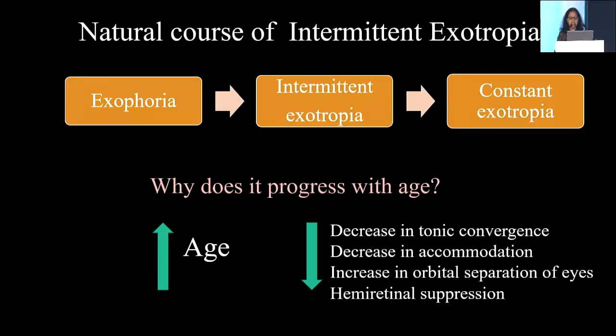So that is why it actually progresses. And if we can stall the disease somewhere in the exophoria or intermittent exotropia phase, we can avoid surgery.